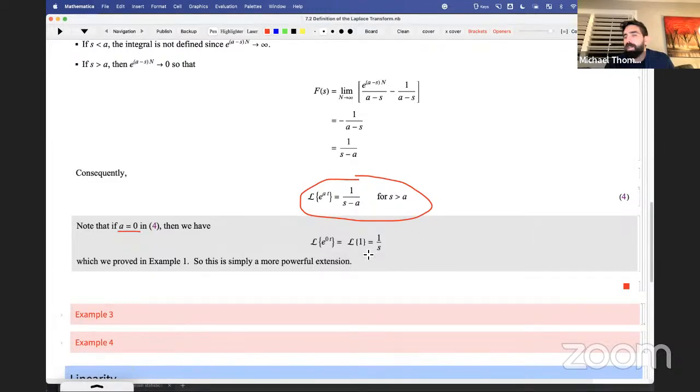Well, that's just 1. And then 1 over s. That's the same rule that we got in example 1. So what we've done is we've extended the rule for example 1. So if you had to choose one to take with you, this one's more powerful because it takes care of the rule we did in example 1. That makes sense? Okay.